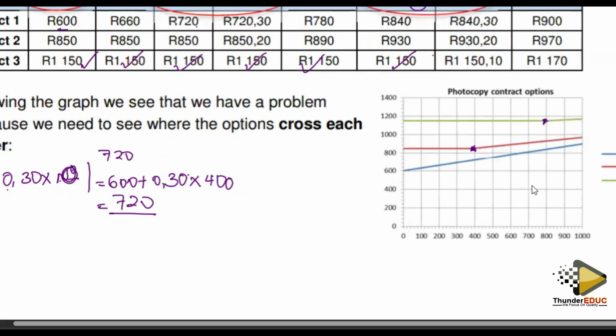Why is it straight? Because these are the free copies in option 2, and from here up to 800, these are free copies in option 3.